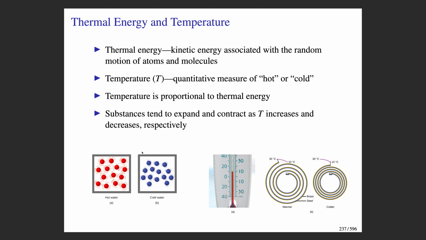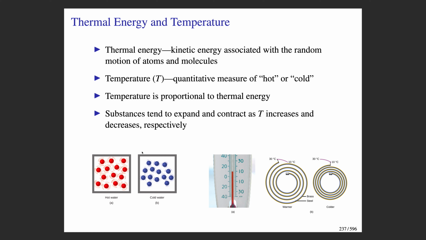Temperature, as you know from experience, is a way of quantifying what we regard as hot or cold. It turns out that the temperature, while not the exact same thing as the thermal energy, is proportional to the thermal energy of a sample. That is, the temperature is proportional to the kinetic energy of the atoms and molecules within a sample.